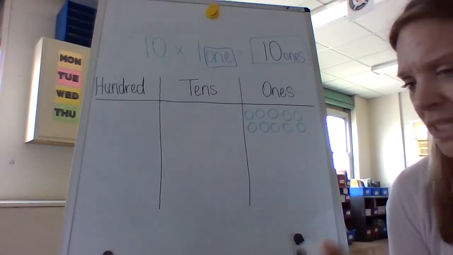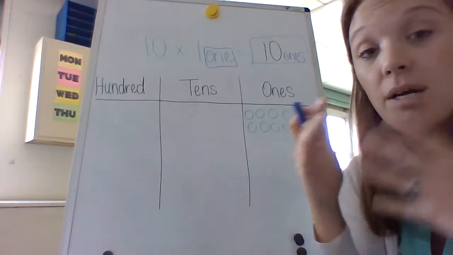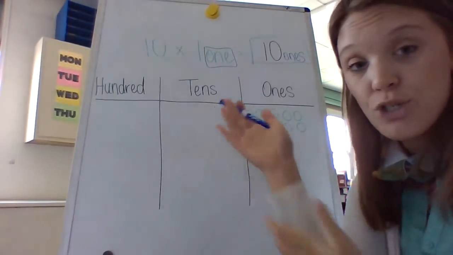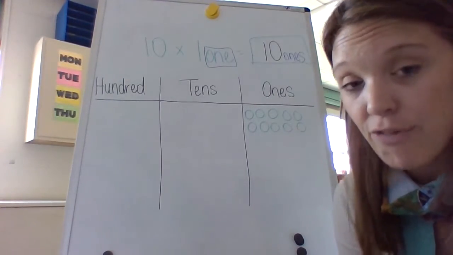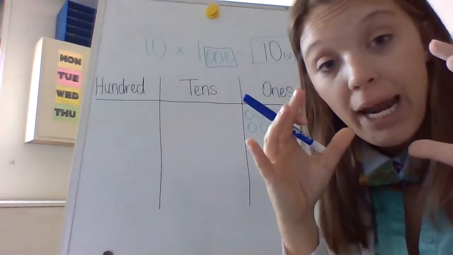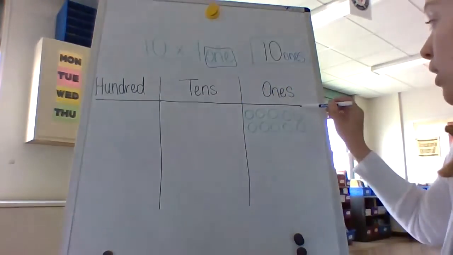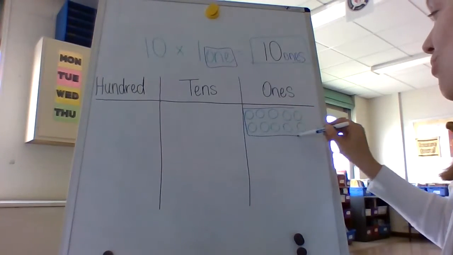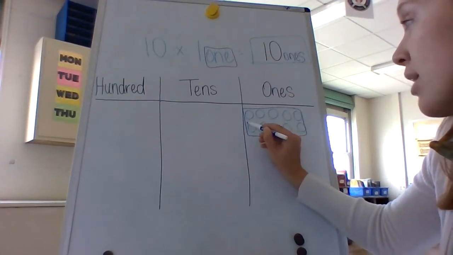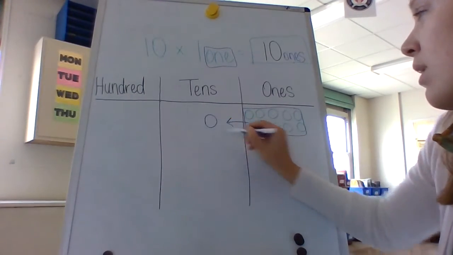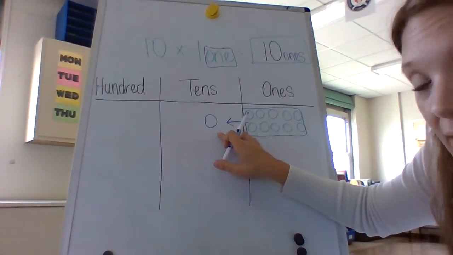So I taught you today that we can bundle groups of 10 to make a comparison into a larger place value. You know from kindergarten and first grade, when you have a 10 frame full, that's equivalent to a whole 10, right? You used 10 frames to show that this is a group of 10. This is 10 ones. 10 ones is the same thing as one group of 10.